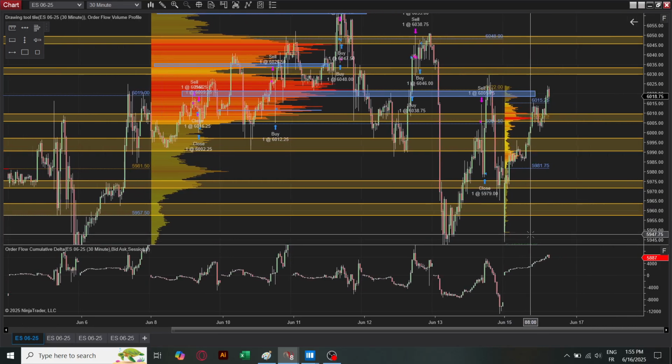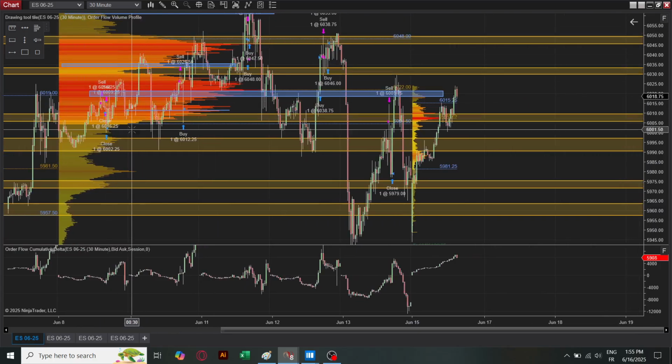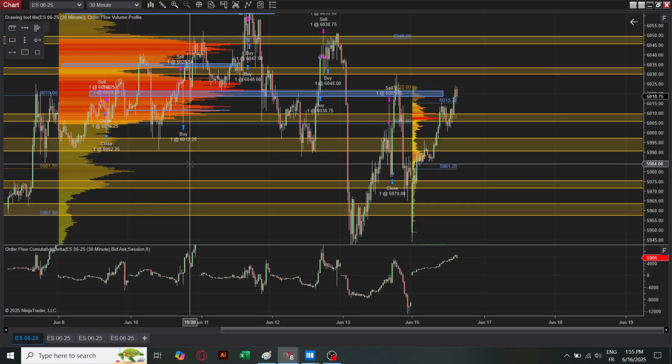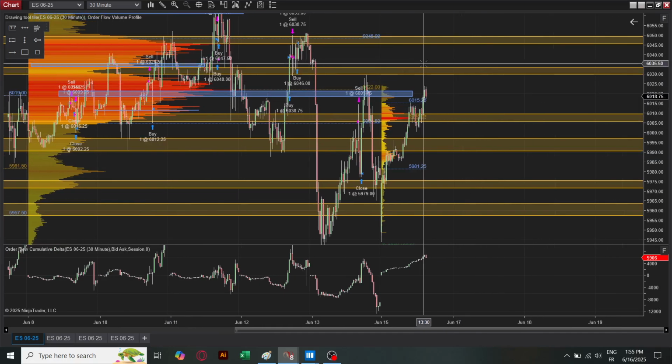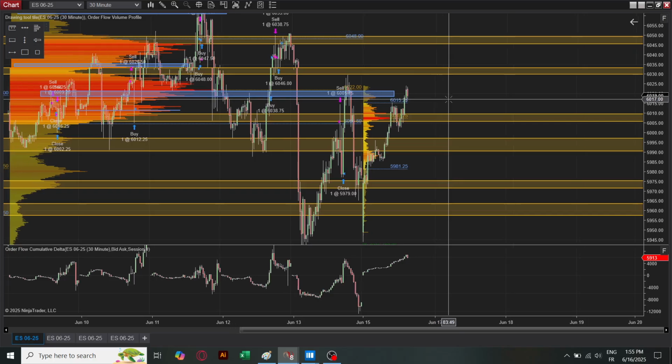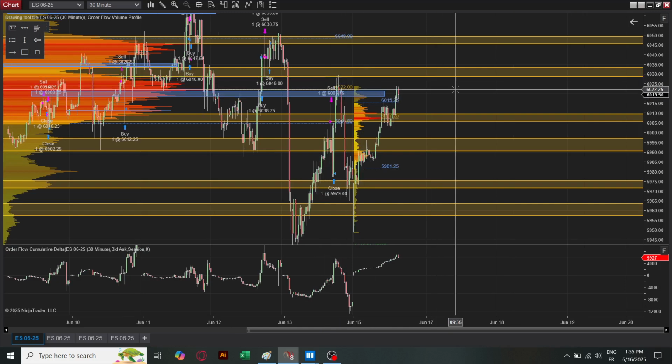Okay, so we have our volume profile from the last week. We have those high volume nodes, and we have this important zone. Let me just drag it a little bit. What can I expect from here?